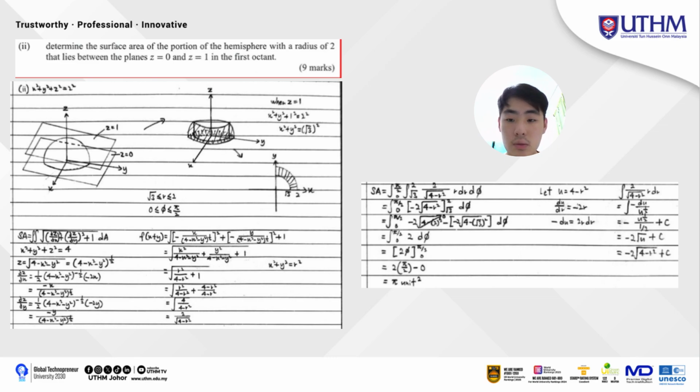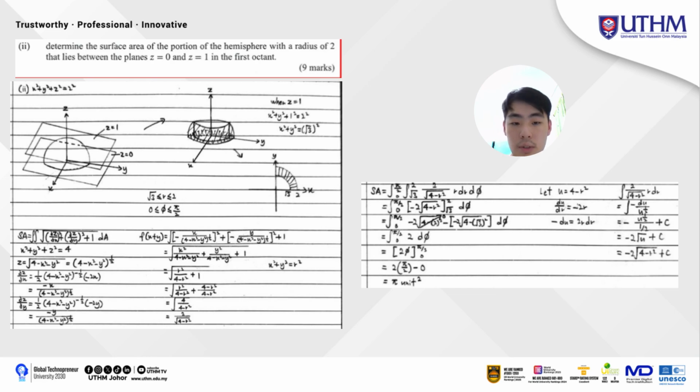For question C2, firstly, we use the information given to sketch a diagram, and through the diagram we can know that the interval of r is between 2 and 3. Since the surface area is in the first octant, the interval of phi is between 0 and pi over 2.